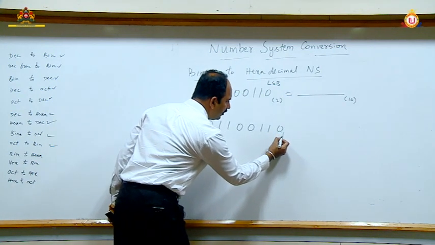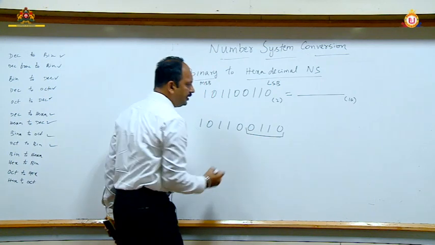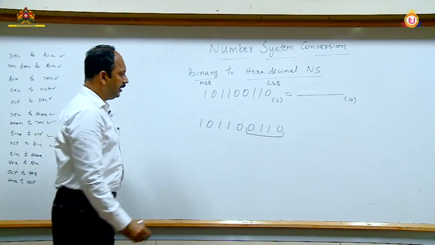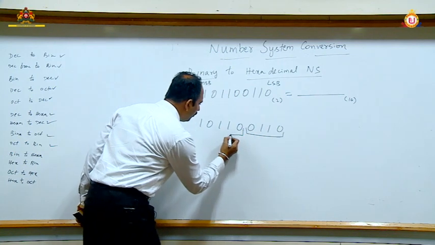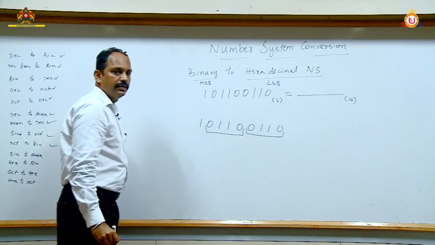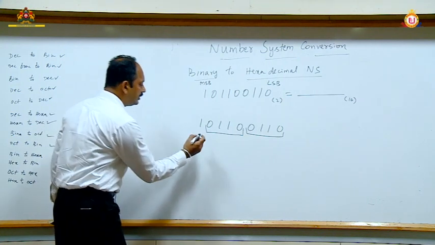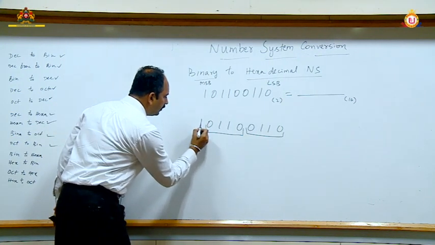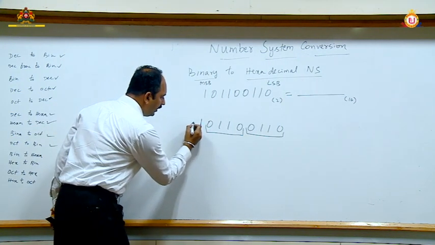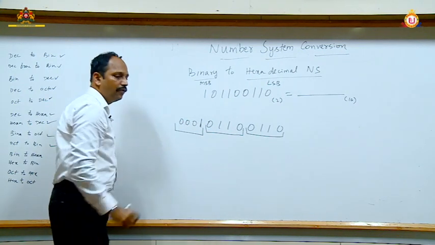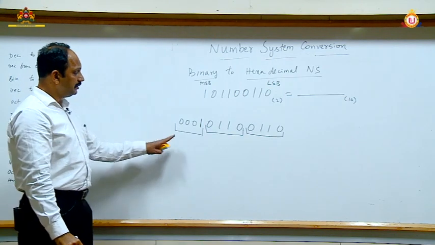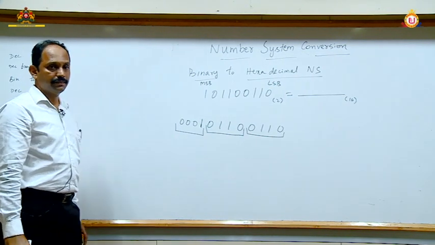From here make a group of 4 binary digits. Then the remaining also make a group of 4 binary digits. Then only 1 digit is remaining. So let me prefix 0 to make it a length of 4 binary digits. Let us do this working first.